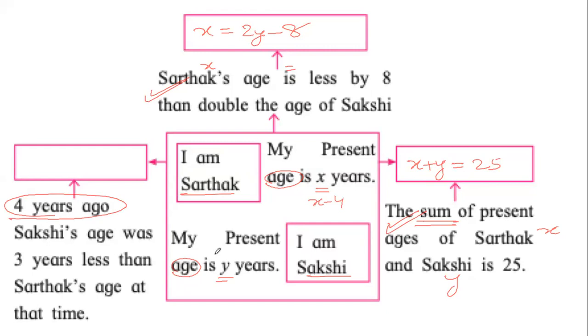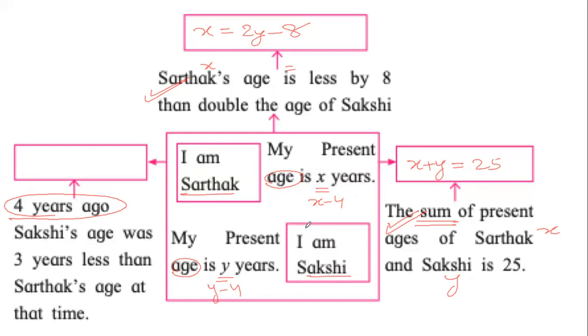Common sense. If today I am 40 years old, then 4 years ago I was 36 years old. 36 plus 4 equals 40. 40 minus 4 equals 36. Similarly, Sakshi 4 years ago was Y minus 4 years old.